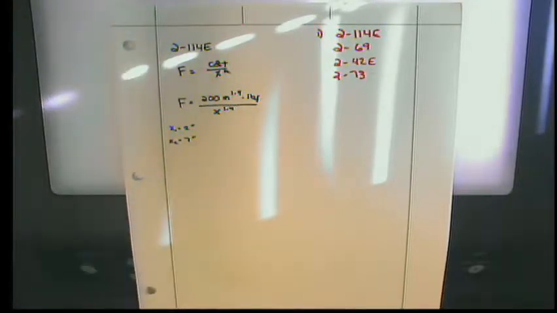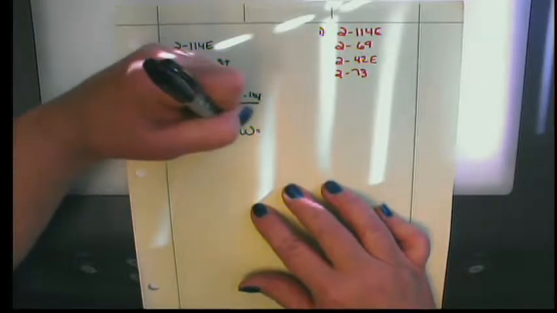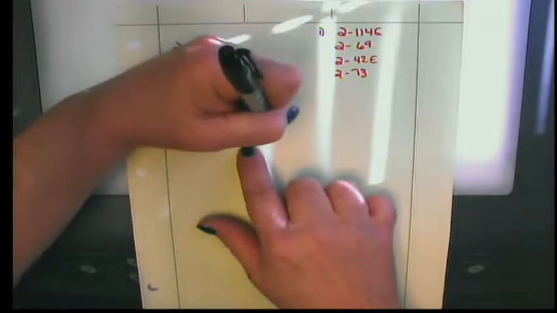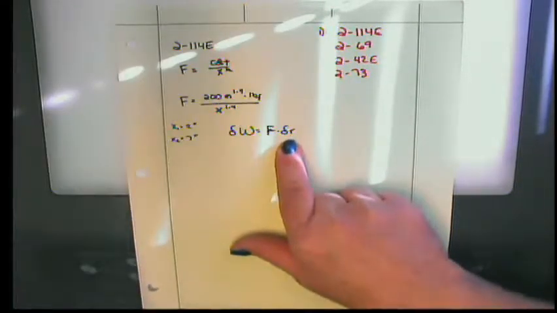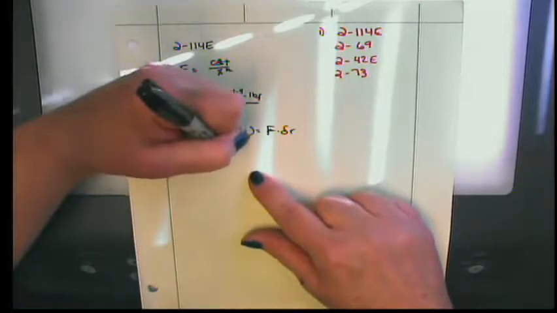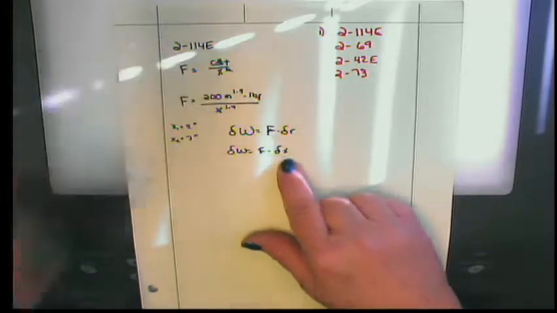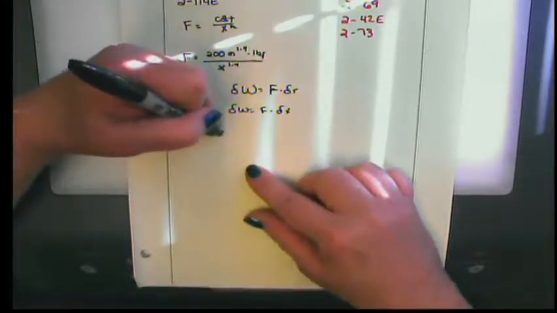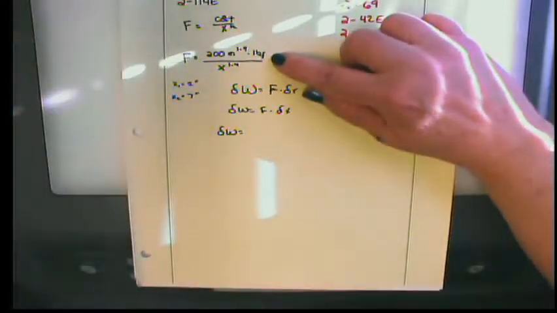Okay, so the first thing we need to do is to use the idea that work, the differential of work, is equal to the force acting through some distance. Okay, so in this case, the distance that we're acting through is x. So if we then say that the differential of work is equal to force, and I'm going to use this equation.